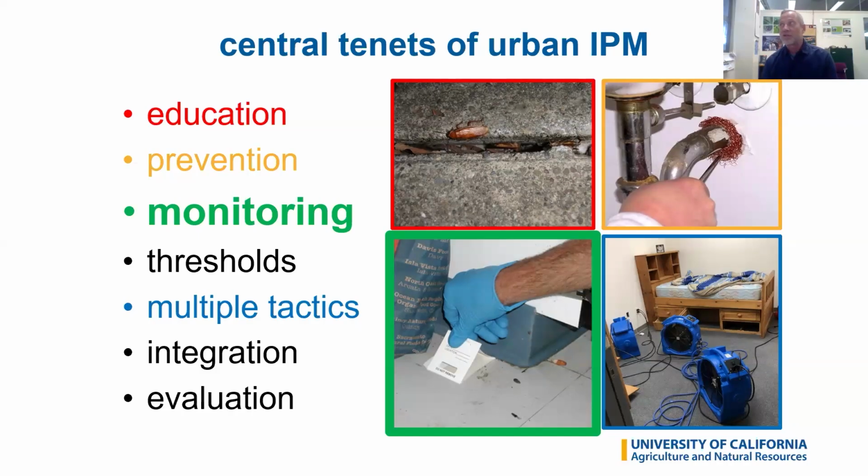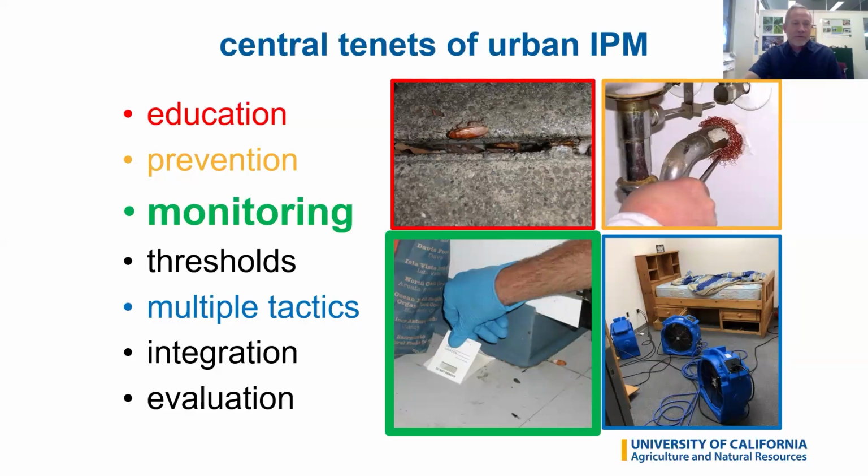Is the population increasing or decreasing? And we can actually use monitoring for evaluation as well. That's the final bullet here. But what that means is after our pest control program, are we still catching our target pest? Are we still observing signs of our target pest? Maybe our program was not that effective.